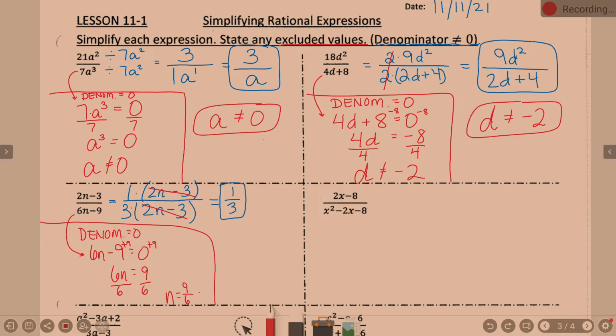Can you reduce 9 over 6? What do 9 and 6 both divide by? 3. So 9 divided by 3 is 3. 6 divided by 3 is 2. So 3 halves, which is also 1.5, but this says that n cannot equal 3 halves.